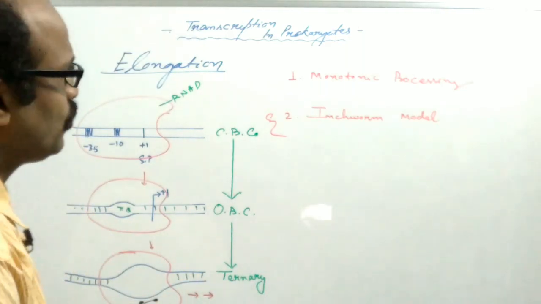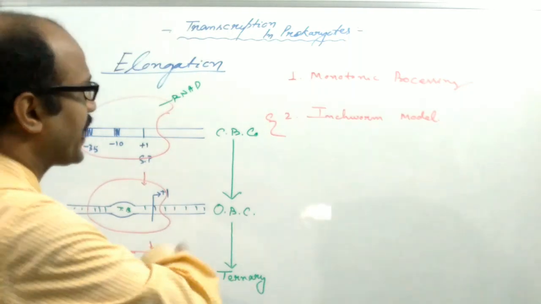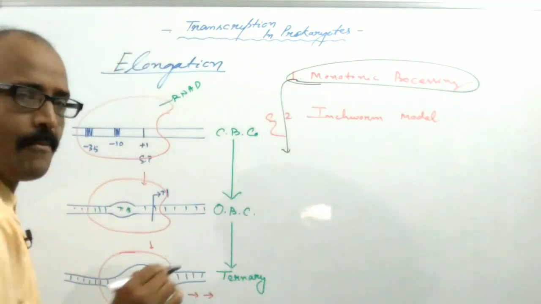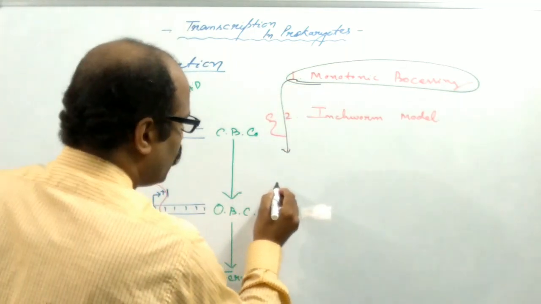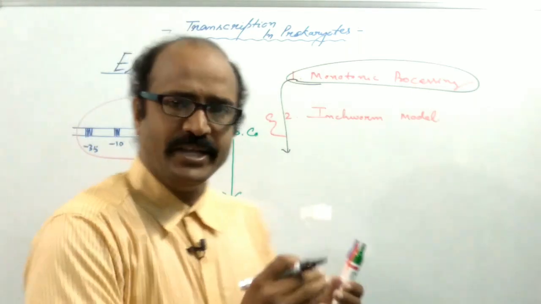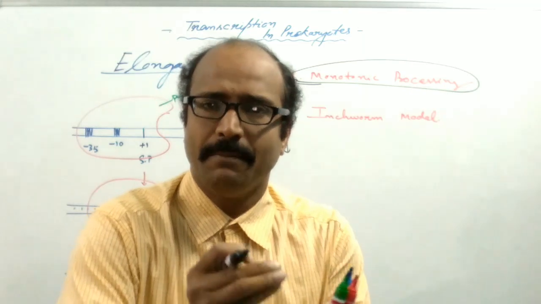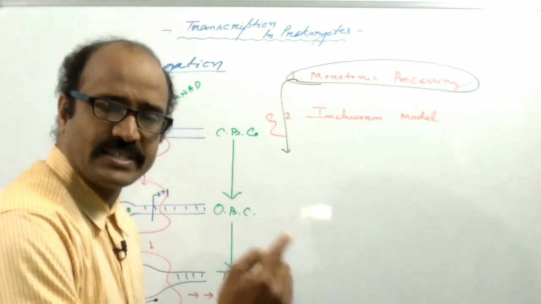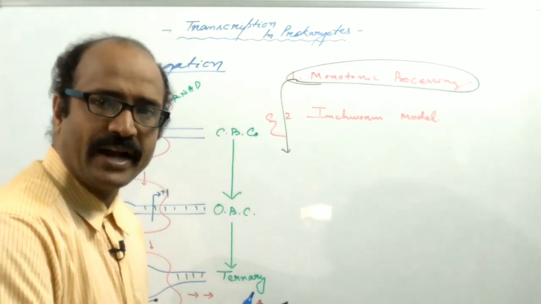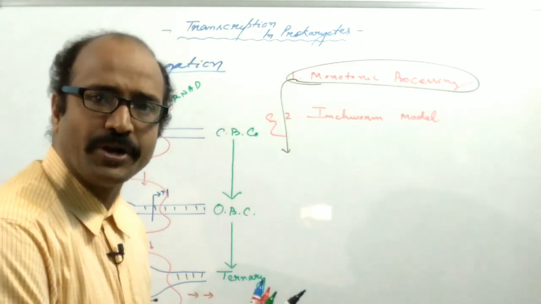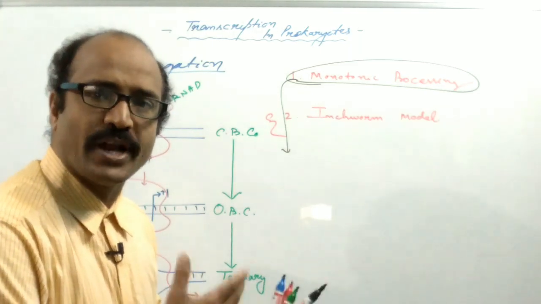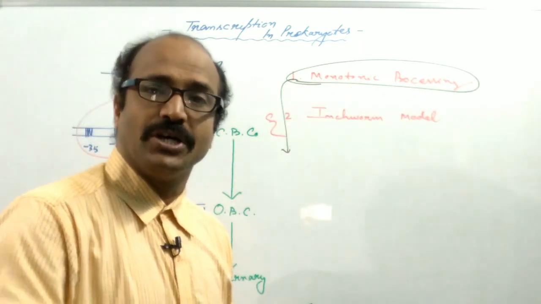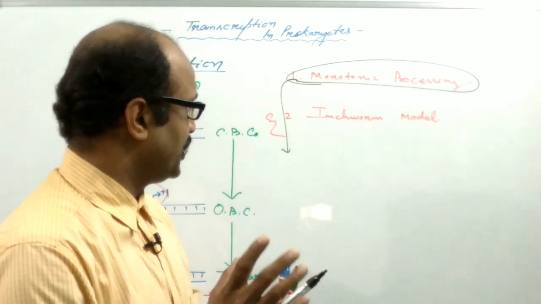In the case of monotonic translocation, according to this process, the RNA polymerase moves forward by one base pair. So a single base pair or single nucleotide is available at the active site for the RNA polymerase to transcribe, and this is known as the monotonic process, in which the transcription takes place continuously.